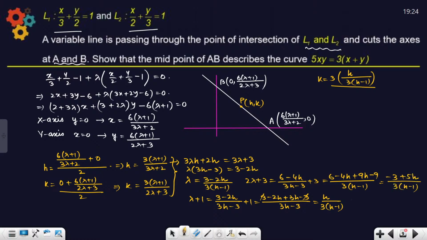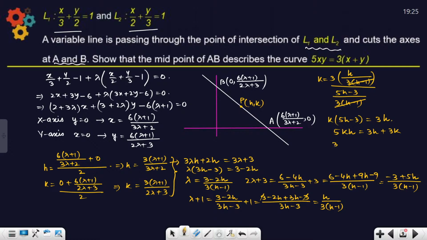Is it clear? So write it down. So what I will do, simply cancel this 2. So you are having k(5h minus 3) equals 3h, right? So 5kh equals 3h plus 3k.